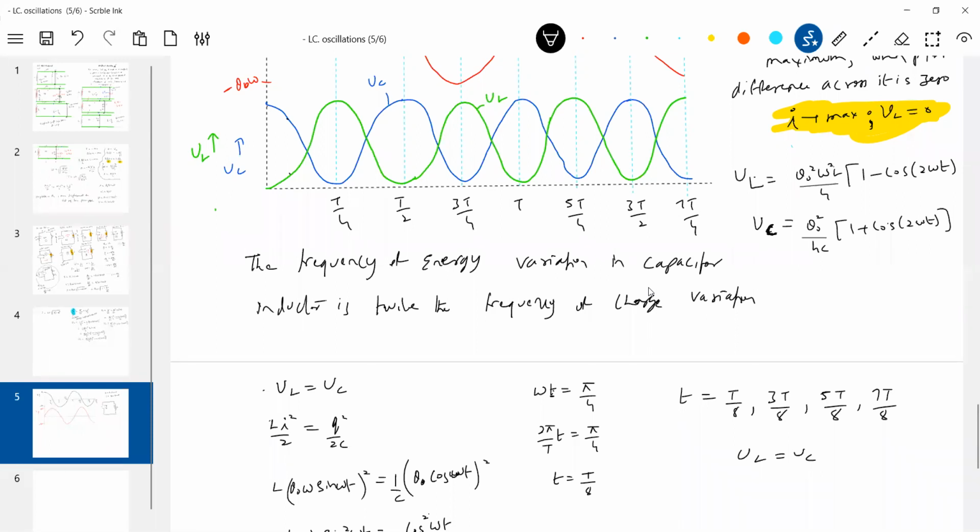And what is the average energy stored in the inductor? Average energy stored in the capacitor as well. What to do for that? I think you have to take help of mathematics here. In one cycle, what is the average energy stored by the inductor? It should be non-zero, because there is no negative half cycle. How to calculate that average energy?